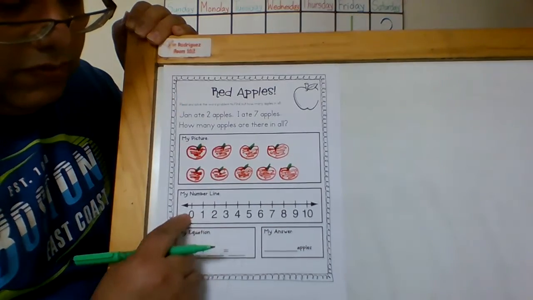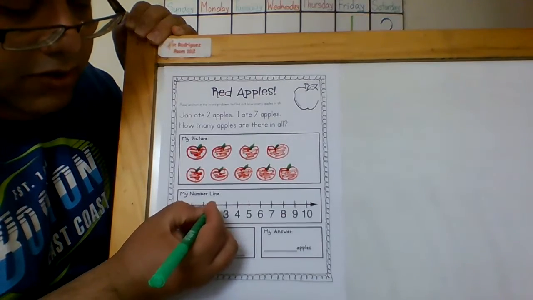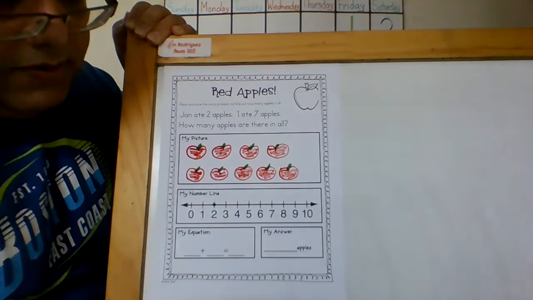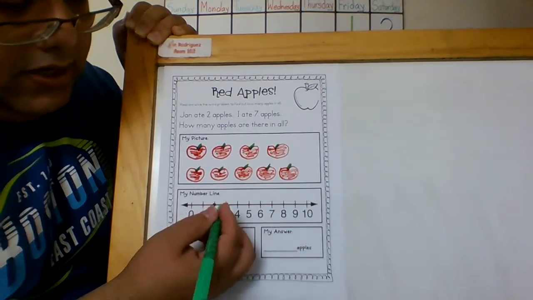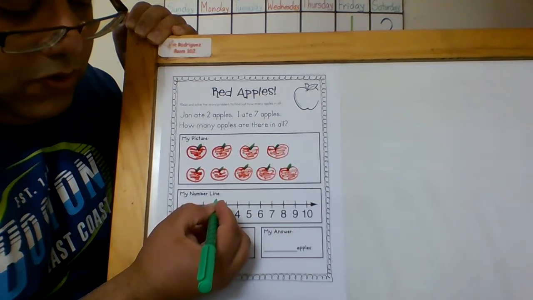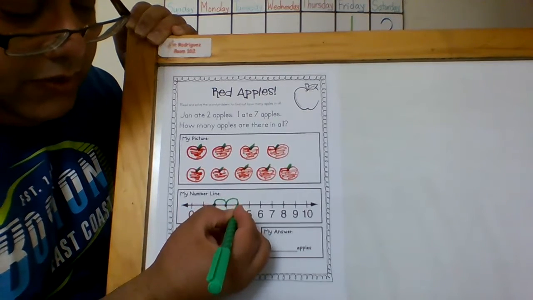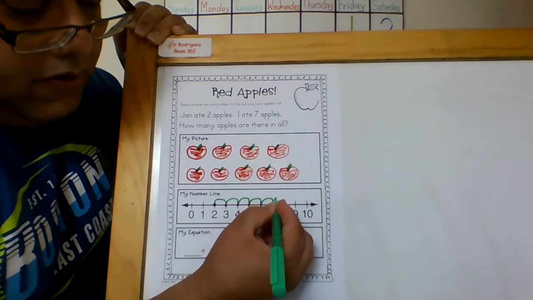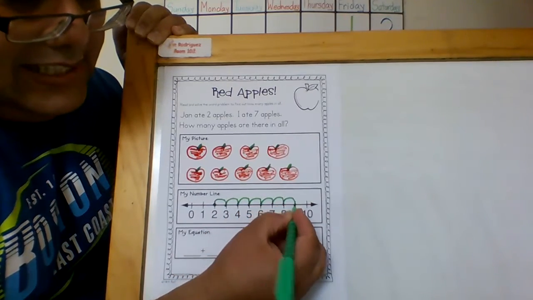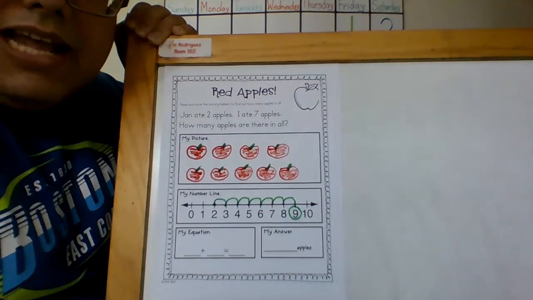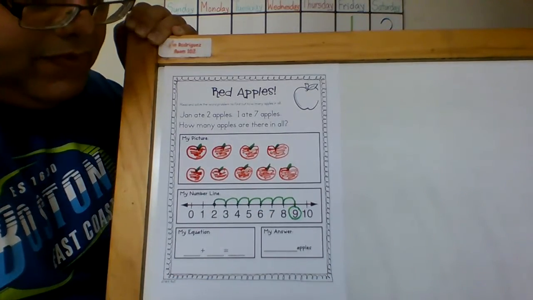Let's look for 2. Here's 2. So I'm going to start here and I'm going to jump 7 times because I need to get 7 together with 2. So 2. This is 1, 2, 3, 4, 5, 6, 7. And 7 with 2 is going to give me the answer to 2 plus 7.